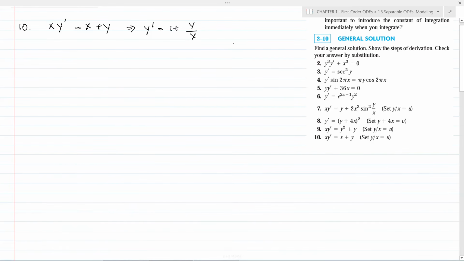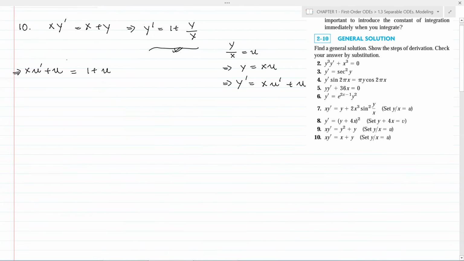In the question it has been given to substitute y by x is equal to u, which implies y is equal to xu and y dash is equal to x u dash plus u. This we can substitute in this equation, and we can write x u dash plus u is equal to 1 plus u, because y by x is u.